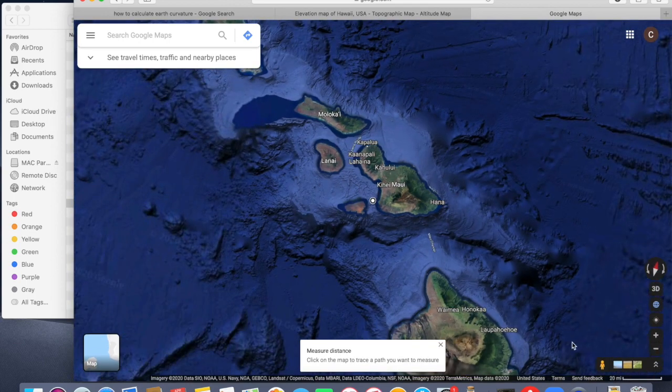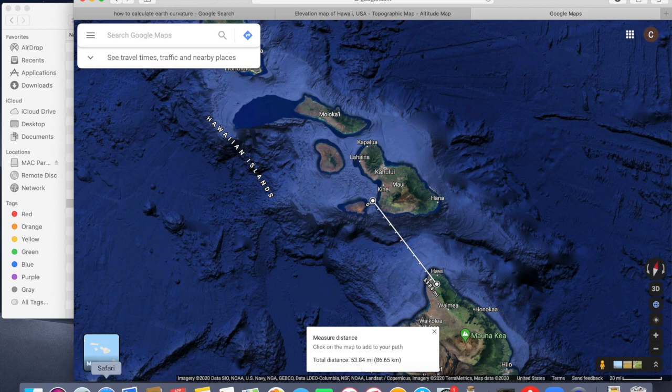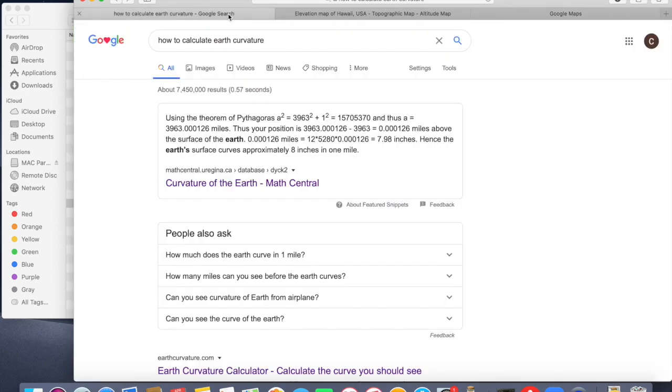Okay, so I'm standing on the Kohala Mountain just over Hawi Town. About here, it says 53 miles away, which is Molokini from our viewpoint, which I'm going to show you on this video. So if we have 53 miles, let's calculate how it would wind up on the Earth curvature.